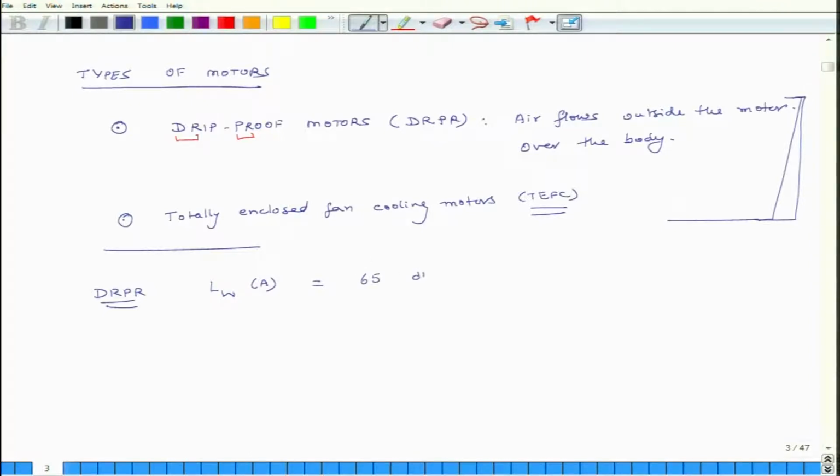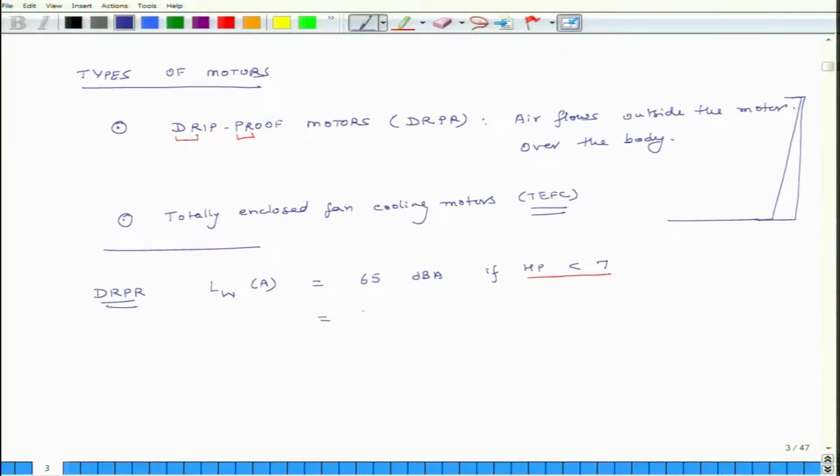65 dBA if the horsepower of the motor is less than 7. So, this is an important condition. If it is less than 7, then in a lot of cases people have observed, and this is what they have come up with.